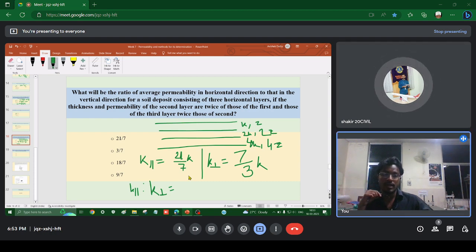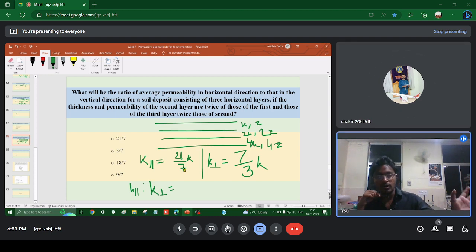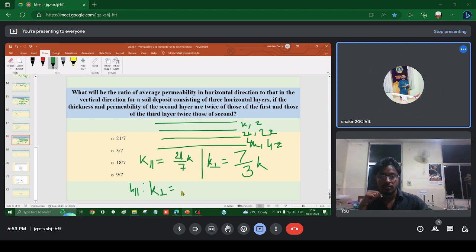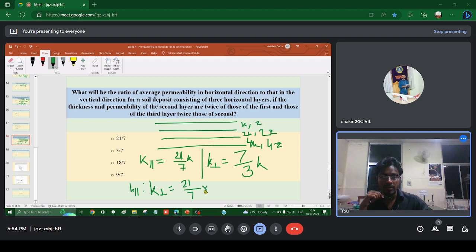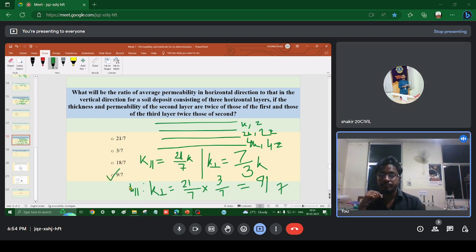Yes, whatever you take, you will get 21 by 7 in the first instance and 7 by 3 in the second instance, isn't it? Are you getting it like this, or you're just doing it all at once? I got it, sir. 21 by 7 into 3 by 7. 7 threes are 21, so it will be 9 by 7. Yes, good. Okay, clear.